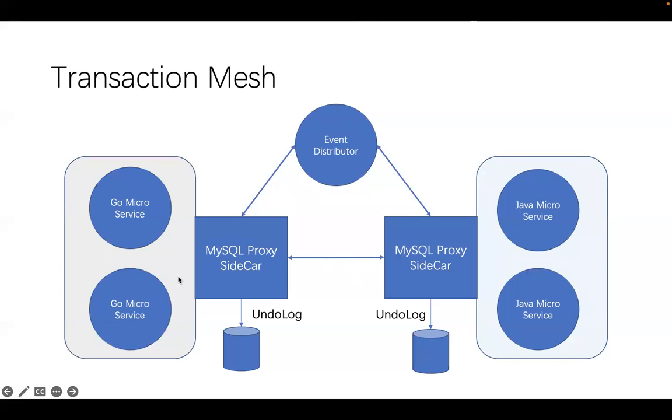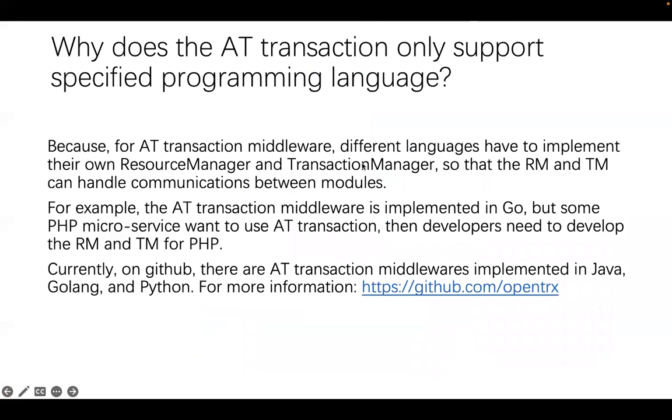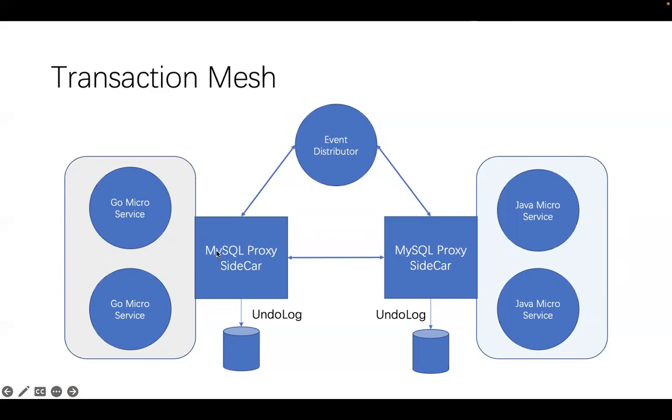So to resolve the issue that AT transaction only supports specified programming languages, we have come up with the transaction mesh solution. So imagine we have a sidecar on each microservice. For example, we have a Go service here and a Java service there, and we have a sidecar for each microservice.